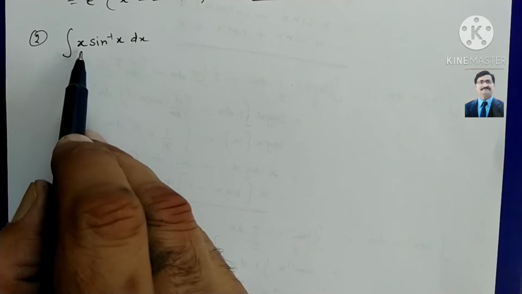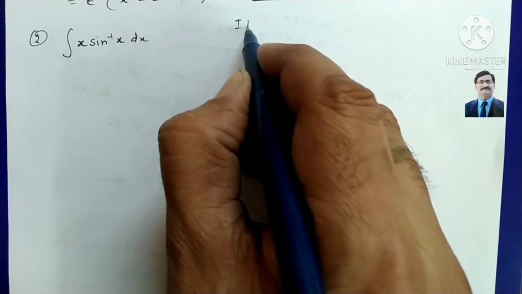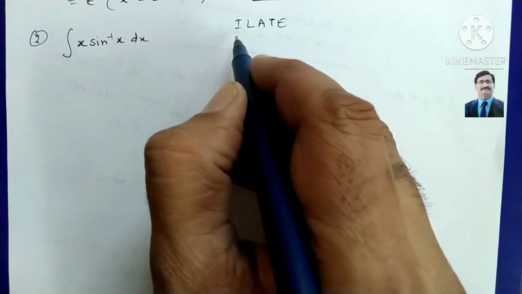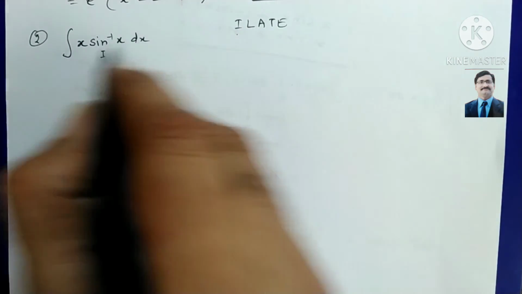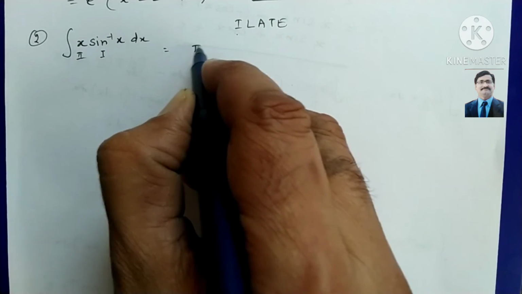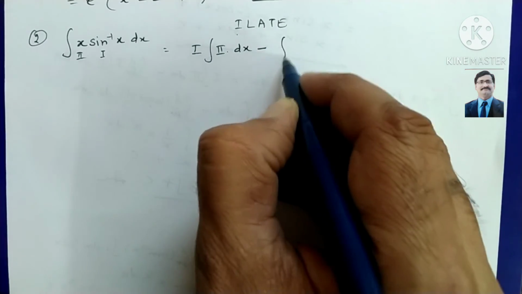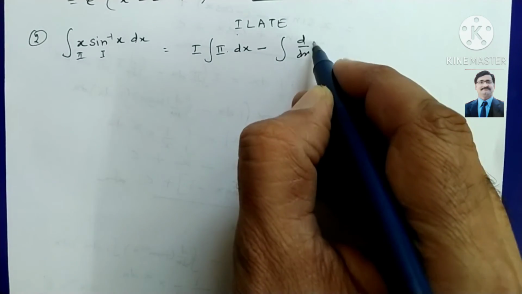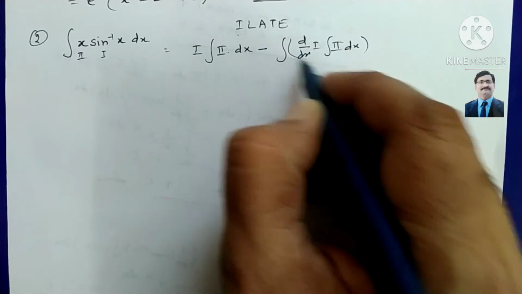Next question is integral of x sin inverse x dx. According to ILATE, look here, inverse trigonometry is always first, and x is algebraic, so this is second, and here our formula is first times integral of second dx minus integral of differential of first times integral of second dx, and whole dx.